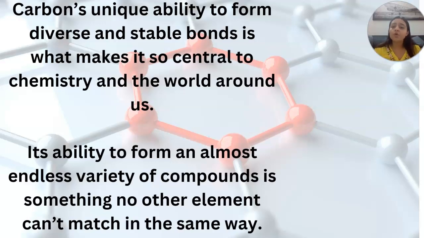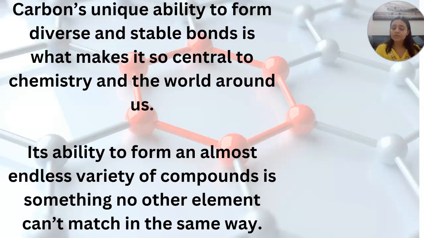Carbon has various properties and it is present all around our environment in various different forms, because it has the ability to bond with certain elements and form certain compounds. Its ability to form an almost endless variety of compounds is something no other element can beat. With the combination of different elements, it can form compounds which are present all around us.